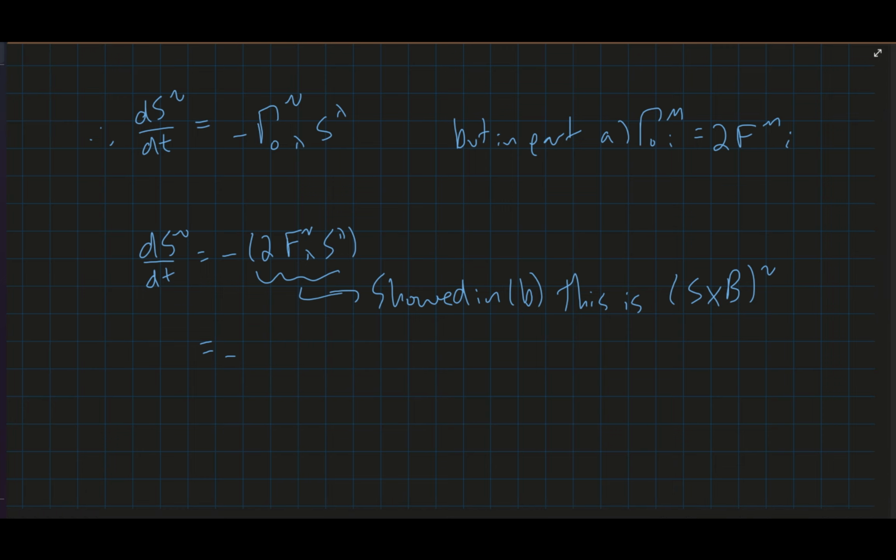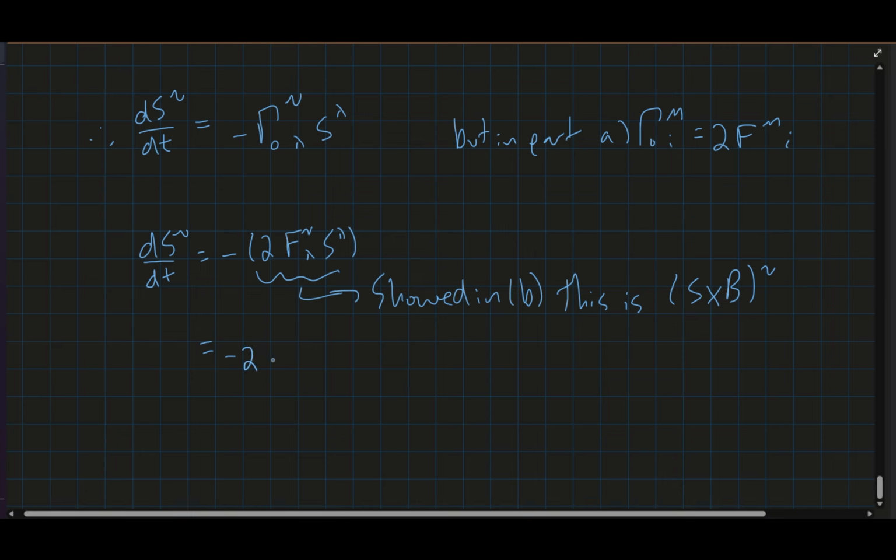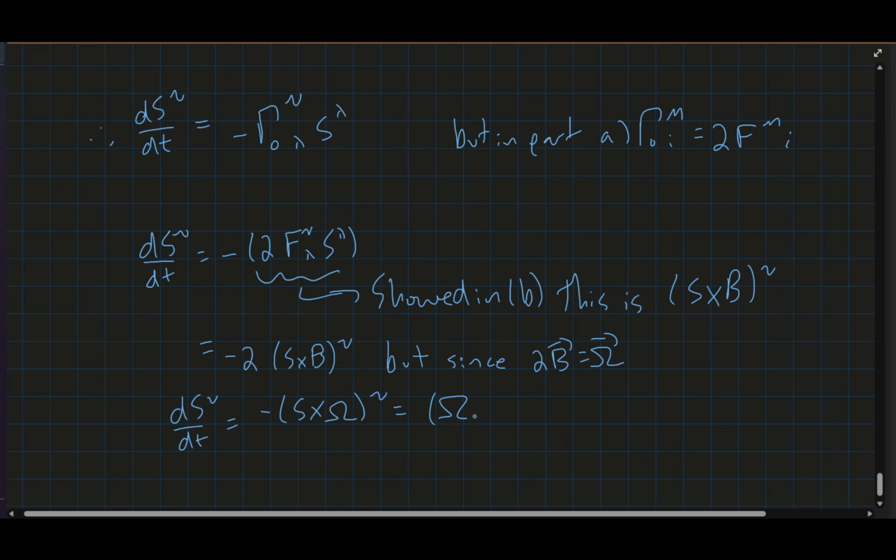Instead, we're going to rewrite it as minus 2 S cross B^nu. But since 2B is omega, we get dS^nu by dt is minus S cross omega^nu, or if we reverse the order, the minus sign goes away and we get omega cross S^nu, as the problem asks us to show.